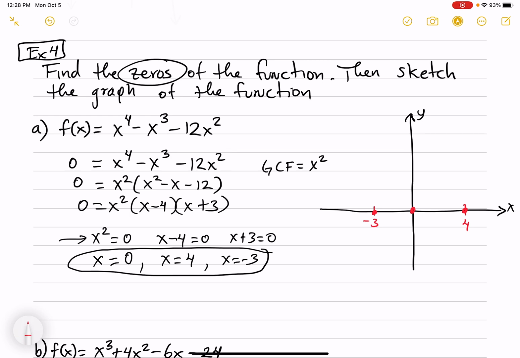Then we could use quite a few things here. For example, we know that this polynomial function is the degree is even and the leading coefficient is positive here. So we know that this polynomial function is going to have an end behavior that looks like this.